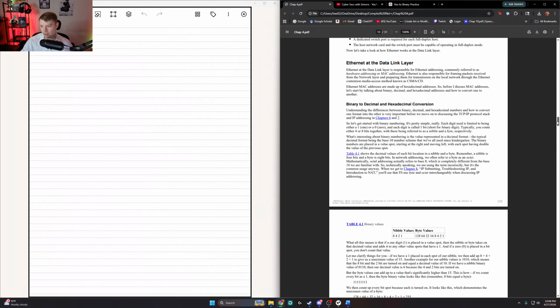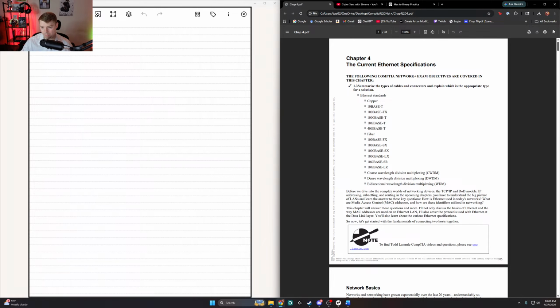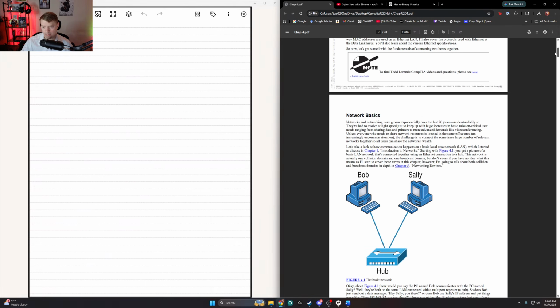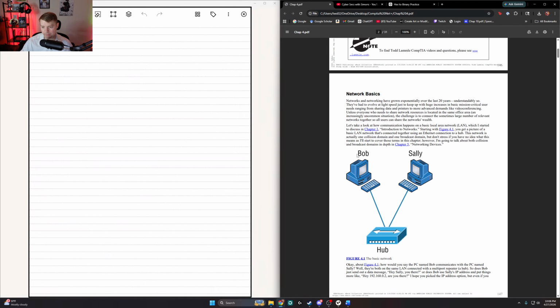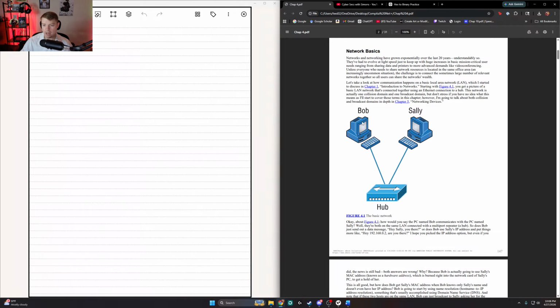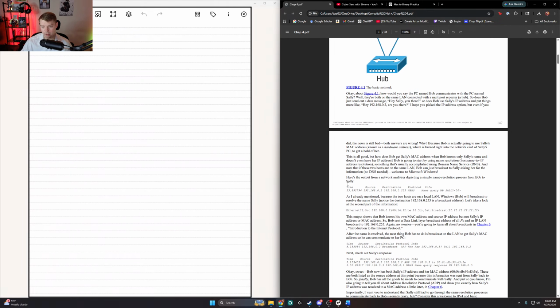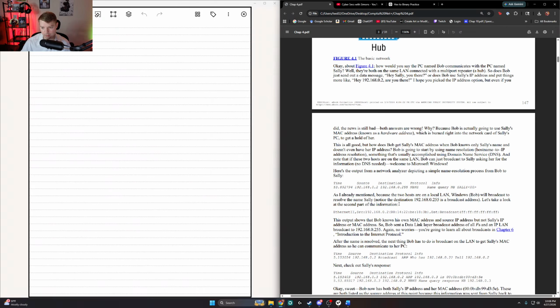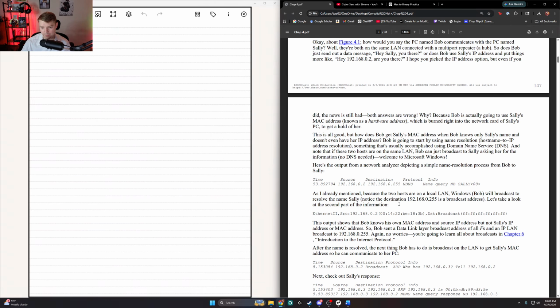If we're just going to do a quick recap on where we're at so far, we've gone over some networking basics on how Bob learns who Sally is, and when they're connected to a hub, what a hub will do for us. Let me zoom in a little bit more so we can actually read the information here.